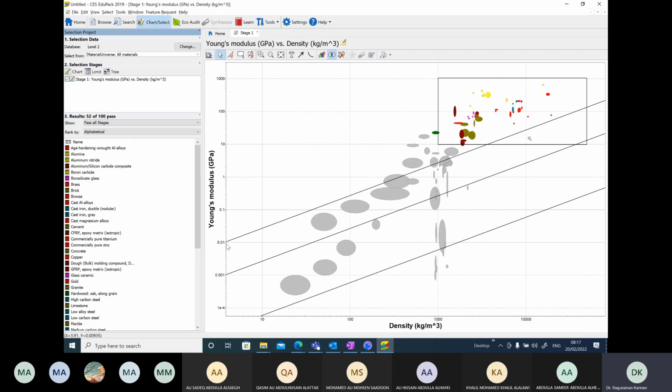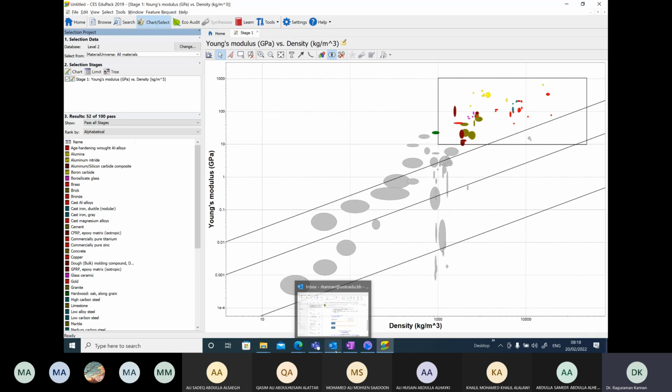So the log of Young's modulus value is 0.01, and the particular density value can be obtained from the x-axis. So let's pick any point. For example, if I pick this particular point here, I think the log value should be 1 here, right? 1, 10, 100, 1000, etc. So the log of Young's modulus value here is 0.01, and the log of density value is 1.